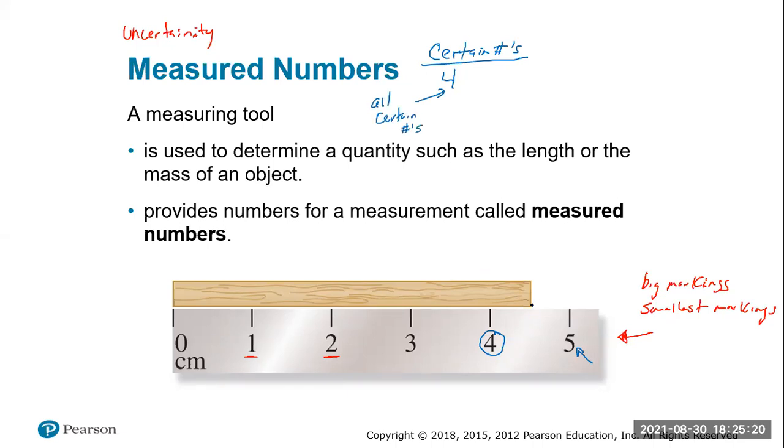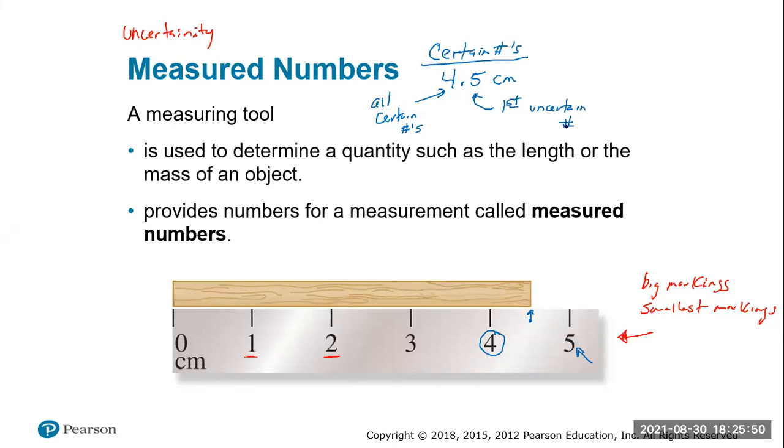Now, when we look at this, clearly we are not exactly at 4. We're not really at 5. This is where the uncertainty in this measurement comes in. I may look at it and think it's about halfway between the 4 and the 5, and I would record 0.5 centimeters. This would be my first uncertain number.